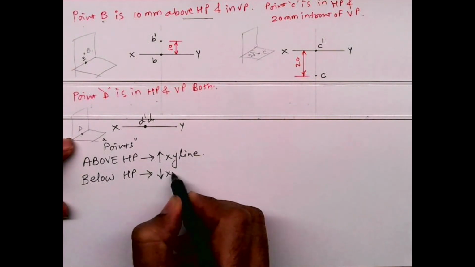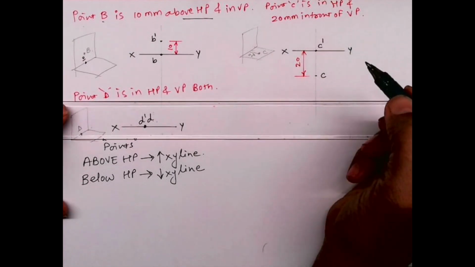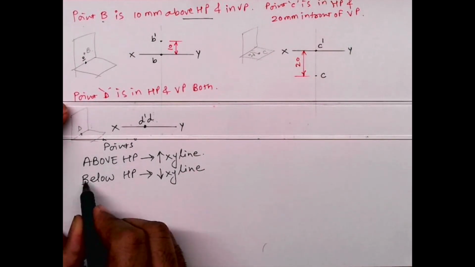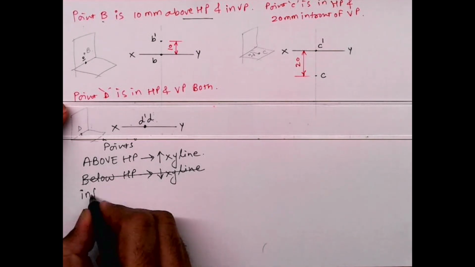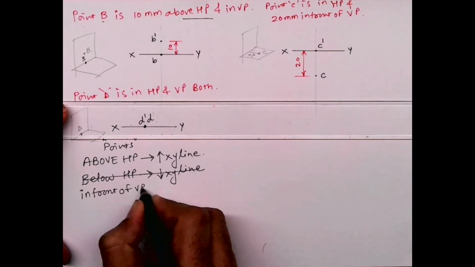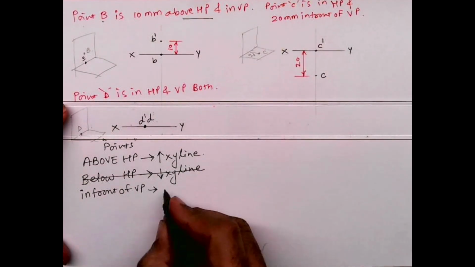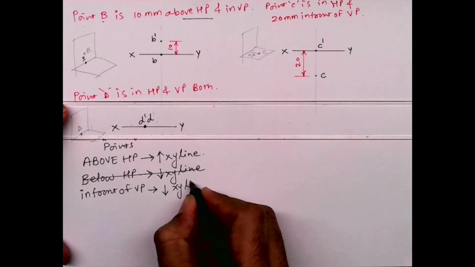Right now we are dealing with the first quadrant. So ignore this. I made a mistake, you ignore this. In front of VP. Whenever they say it is in front of VP, it will be below XY line. See here, C is 20 mm in front of VP, so it is below XY line.